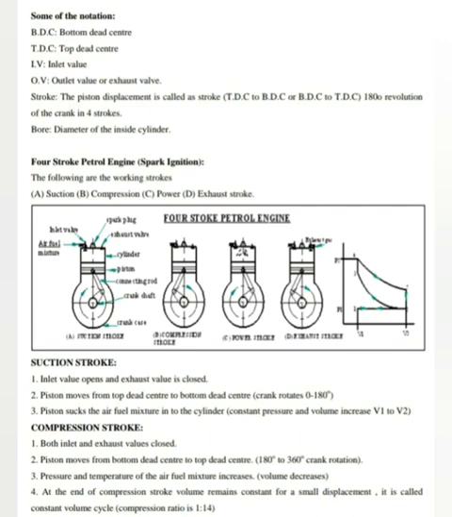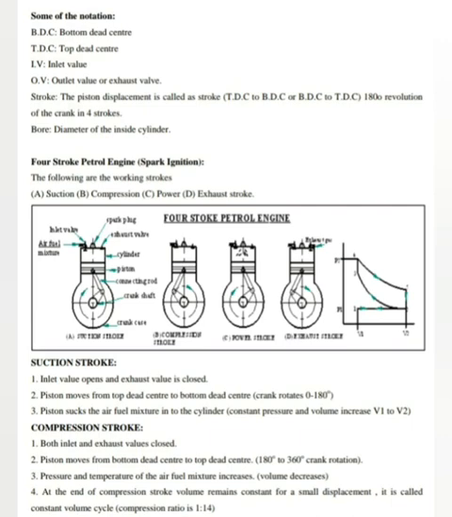The next topic is the principle of working of the four-stroke petrol engine. The four-stroke petrol engine works on the Otto cycle, hence it is also called the Otto cycle engine.